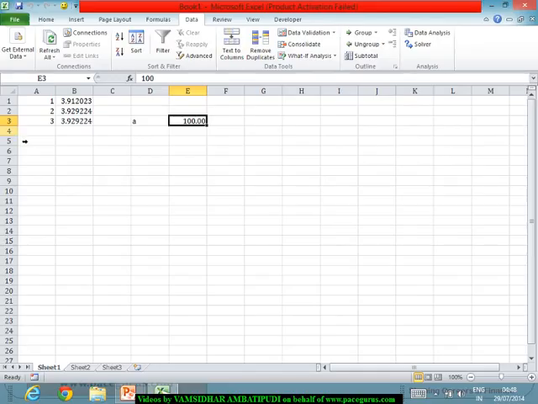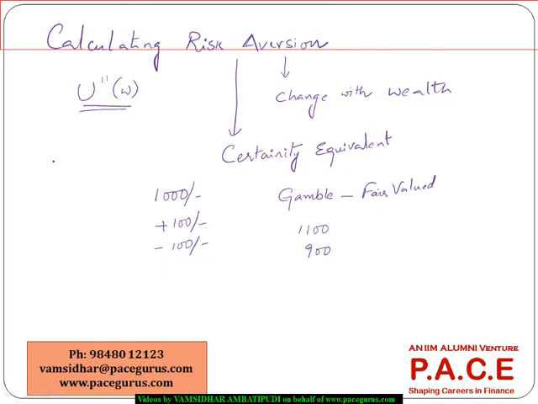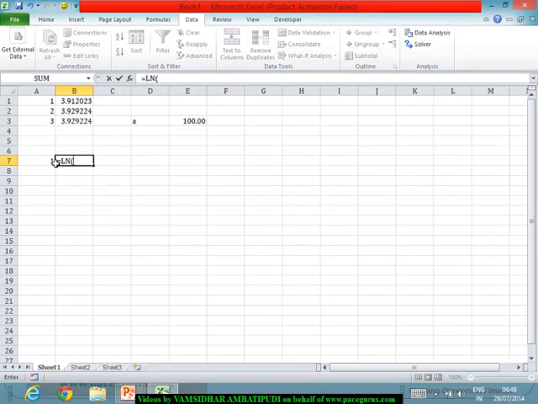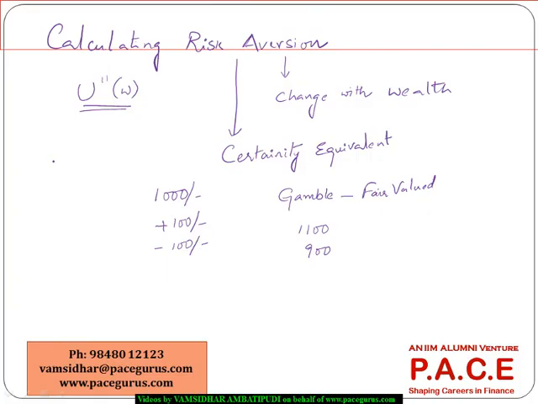Now, just to check what his position is here, if I take it into a spreadsheet, in the first scenario he is not getting into a gamble, which means his wealth is going to remain at 1000. Then his utility value is around 6.9, assuming that his utility function is a logarithm function, log w.